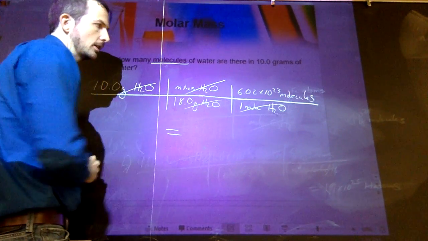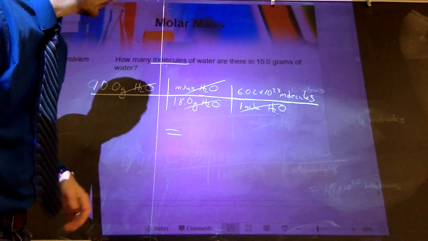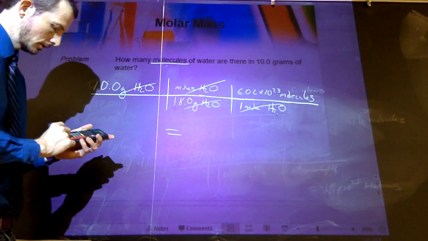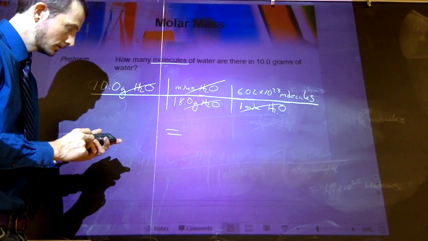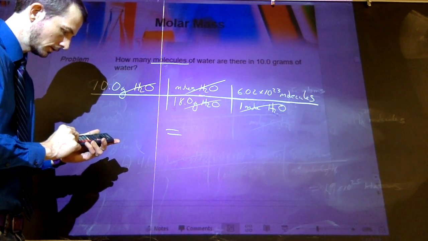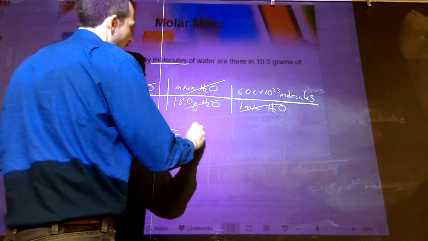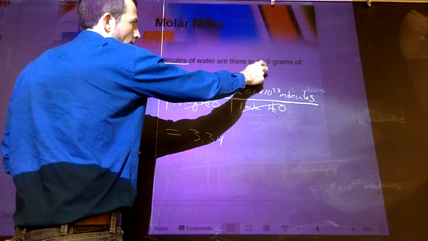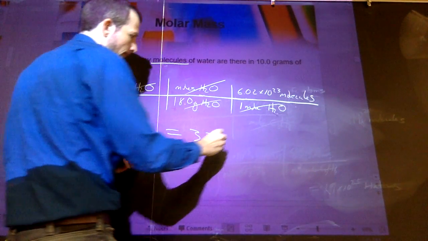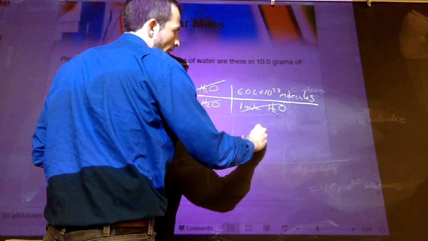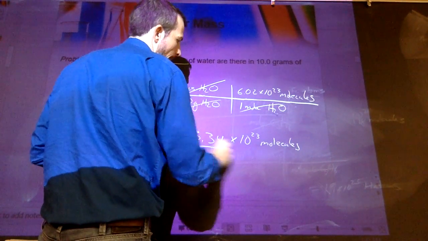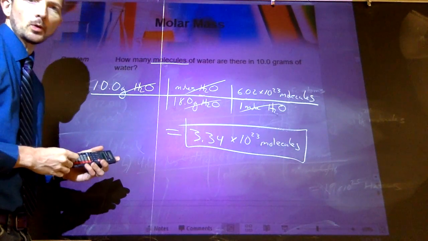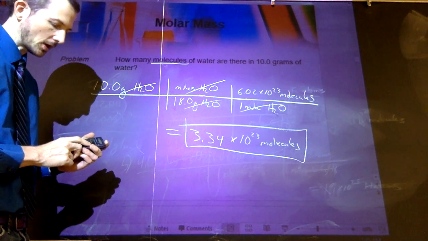Moles cancel out, and I'll be left with my answer. I'm going to go to 3 significant figures. So I get 3.34 times 10 to the 23rd molecules.